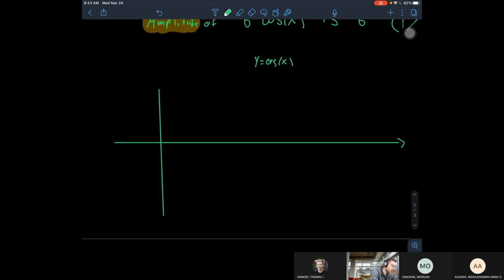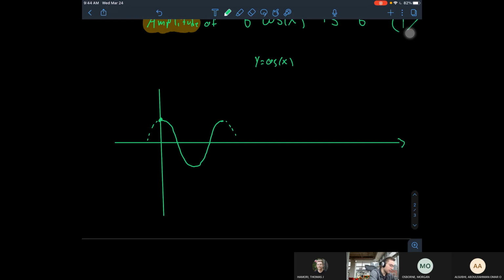Cosine of x starts at 1 and then dives down to 0 and looks like this kind of bell shape, and then carries on in every direction.